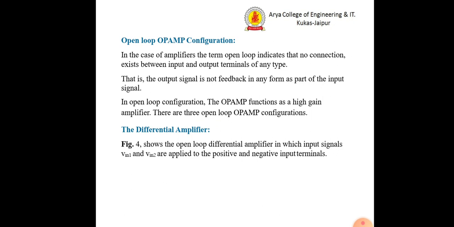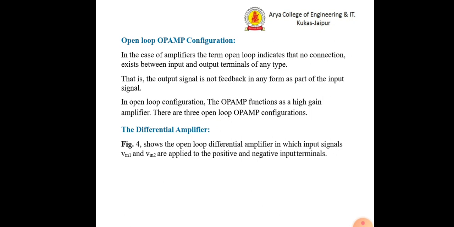That is, the output signal is not fed back in any form as a part of the input signal. In open loop configuration, the op-amp functions as a high gain amplifier. Now we will see that there are three important open loop configurations.